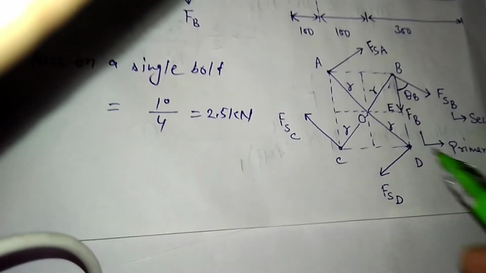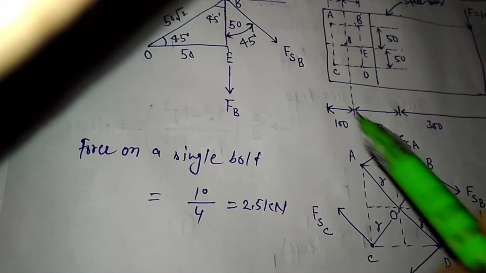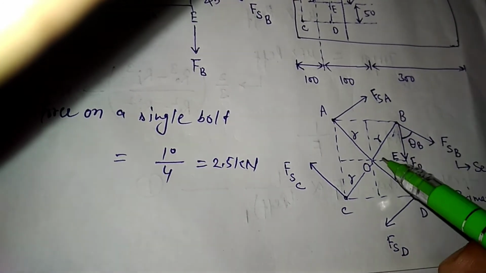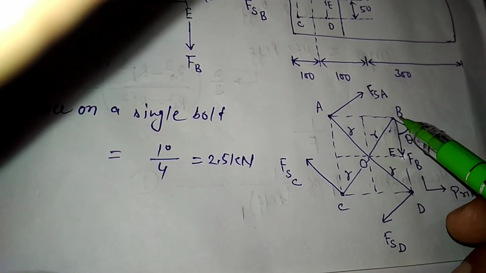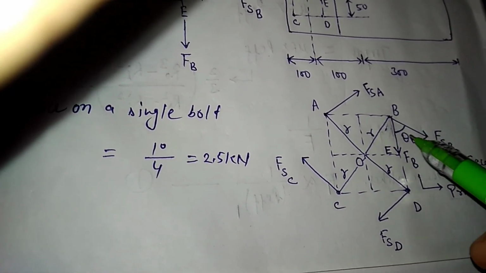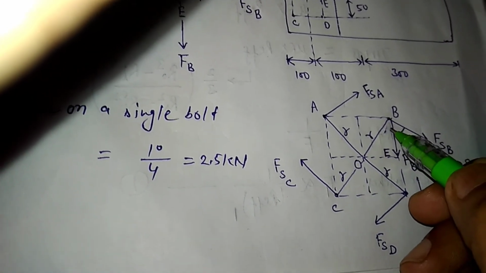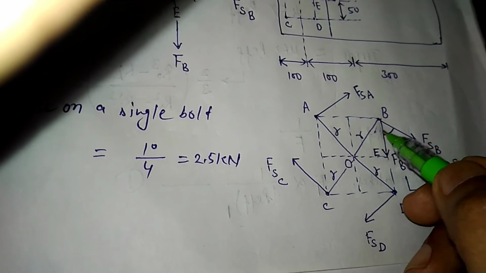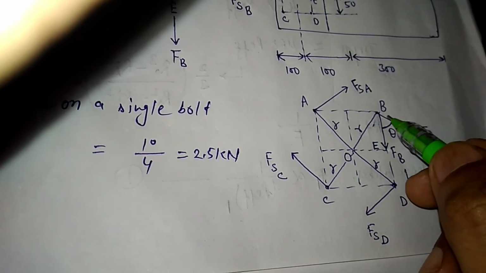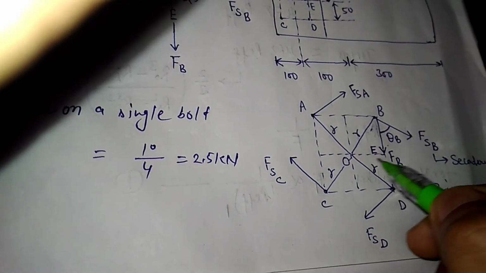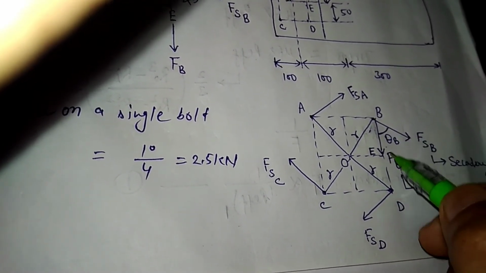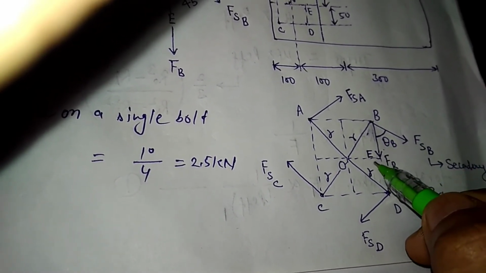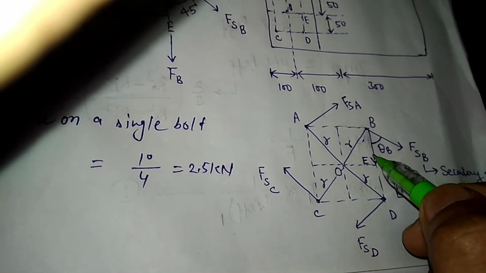So this angle theta B will be equal to 45 because the lines OB and FSB are perpendicular. Why is this angle 45? Because this is 50 and this is also 50, so two sides of the triangle are the same, so two angles will be the same.